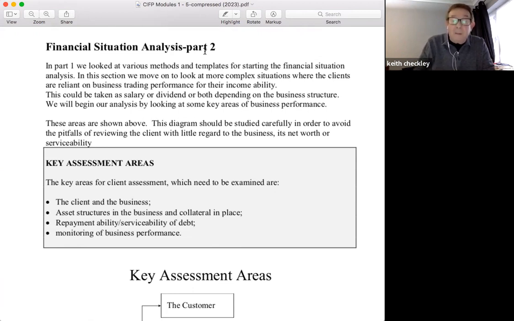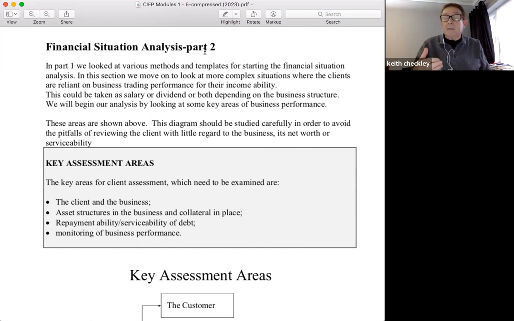And then the monitoring of business performance. So just as before, when we talked about monitoring the Edwards situation, what sort of things are in place for monitoring business performance? We tend to call that management accounting information that we can get. And it doesn't have to be complicated.